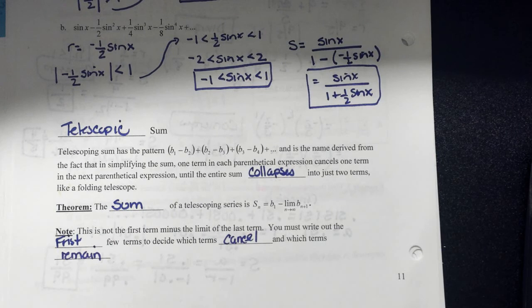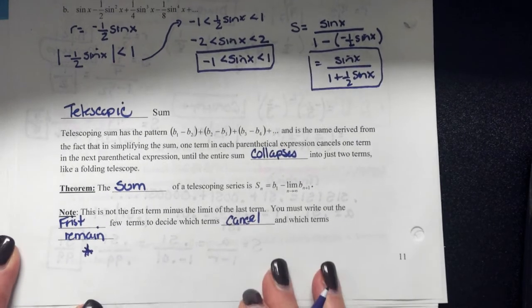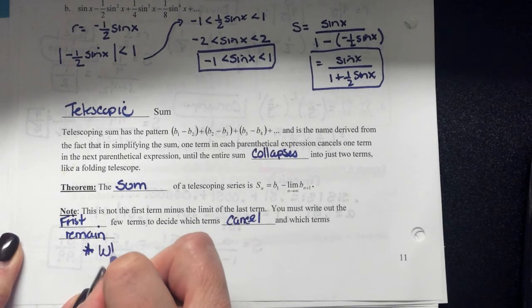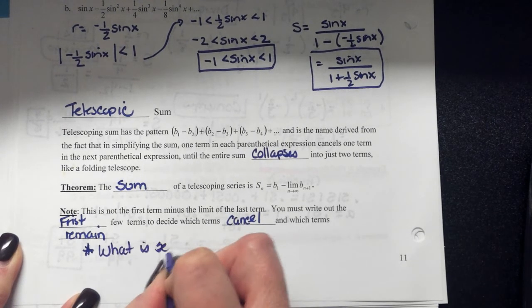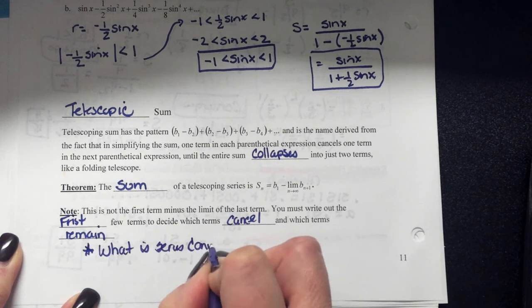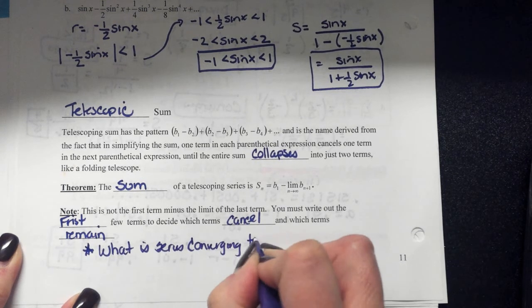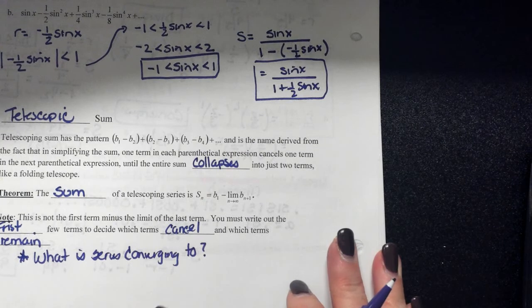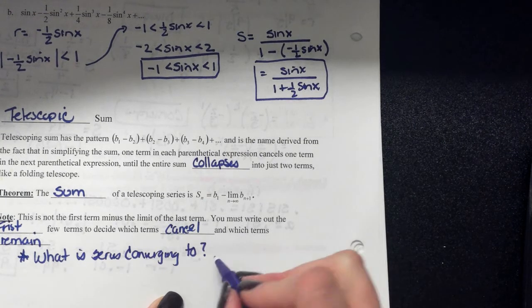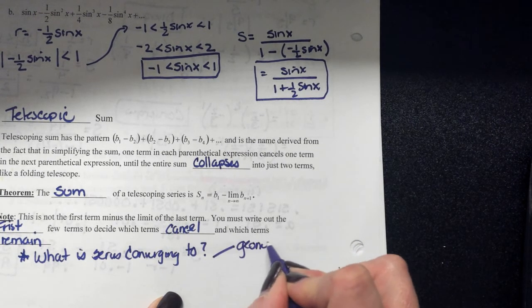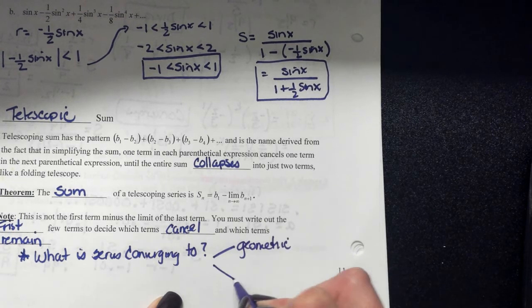This whole chapter, most of the time, I don't care what these series are converging to. They're not going to ask you what it's converging to. We just want to know whether it's converging or diverging. But if you ever have a question, and you will, where they want to know what the series is converging to, it's only going to be 1 of 2 types of series: either your geometric or your telescopic.